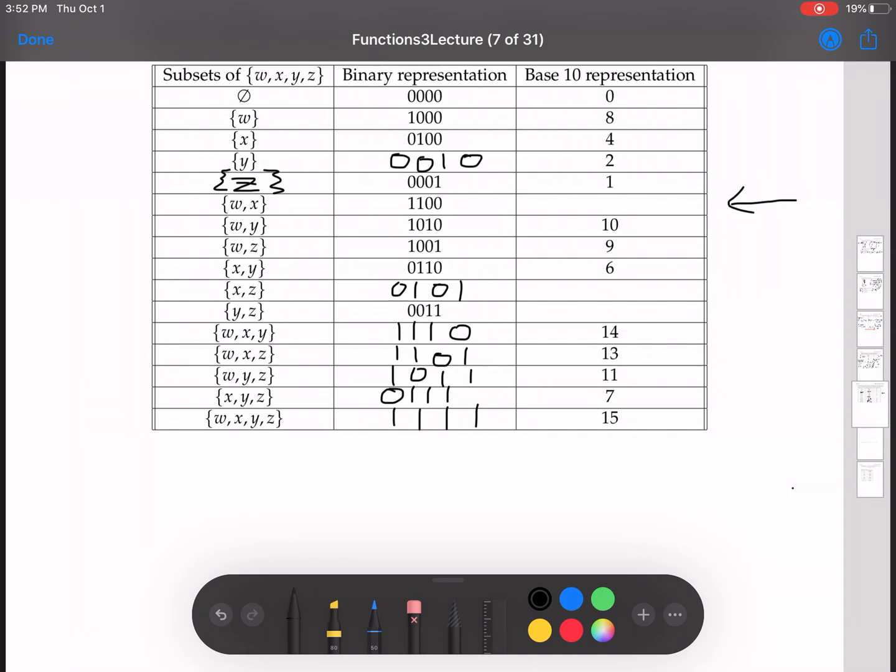So 2 to the 0, 2 to the 1, 2 squared, 2 cubed. You'll see why I wrote that there in just a second. So 1, 1, 0, 0. Remember, this is binary over here, and over here is going to be base 10.